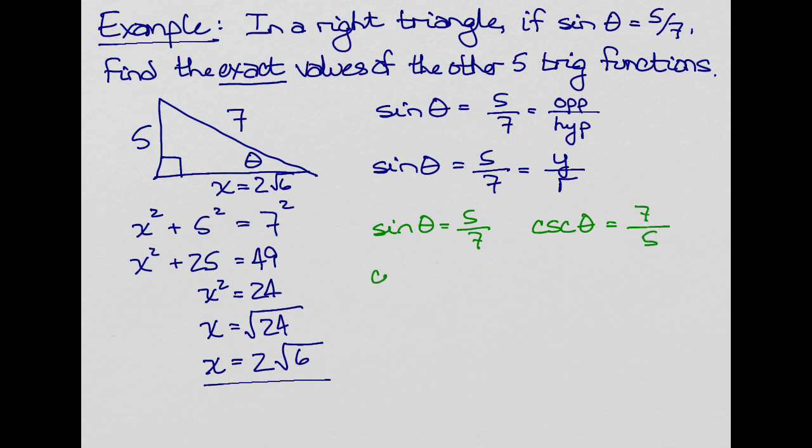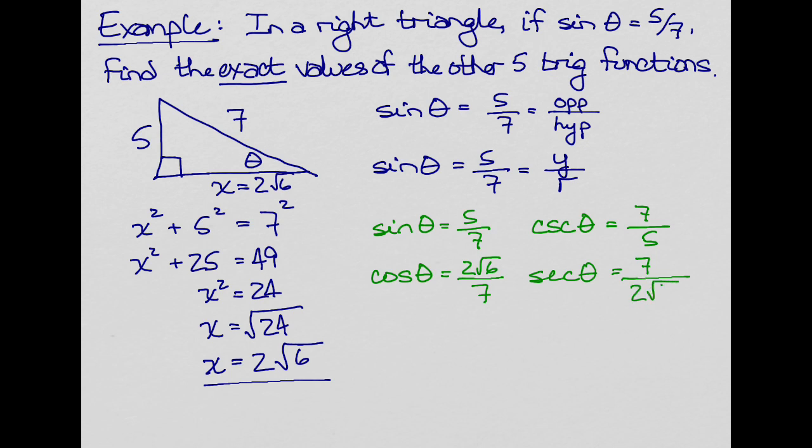The cosine is, you can think of it as adjacent over hypotenuse or x over r, whichever one works for you. So here's adjacent over hypotenuse, x over r. The secant is its reciprocal.